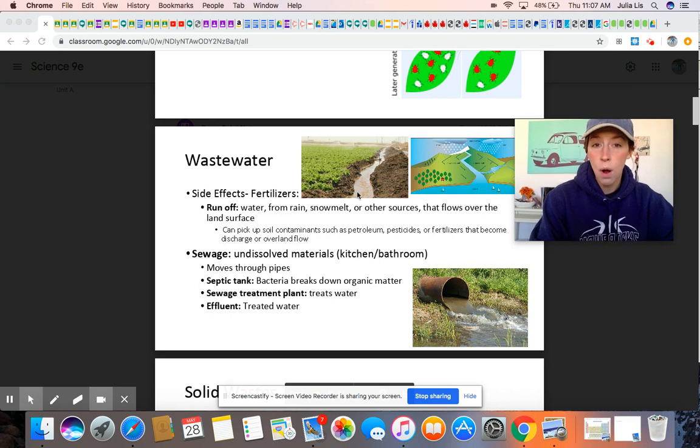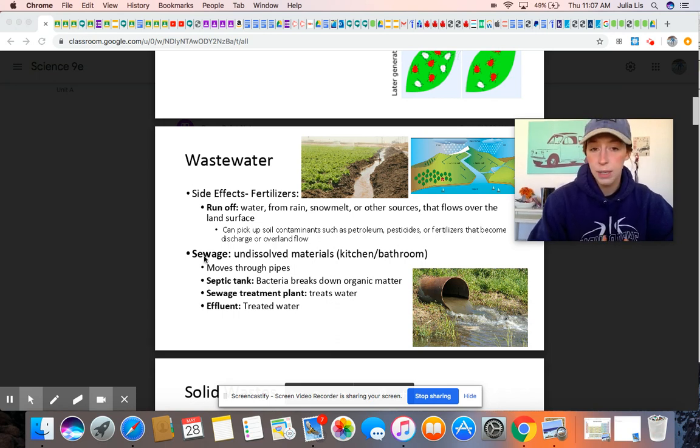And so all these chemicals are going to end up in these drains or ditches, and it's going to continue moving to the lowest point. Eventually the lowest point could be a lake or a river, or the ocean. And so all these chemicals are then going to end up in those areas where they're not supposed to be, and they can cause lots of damage.